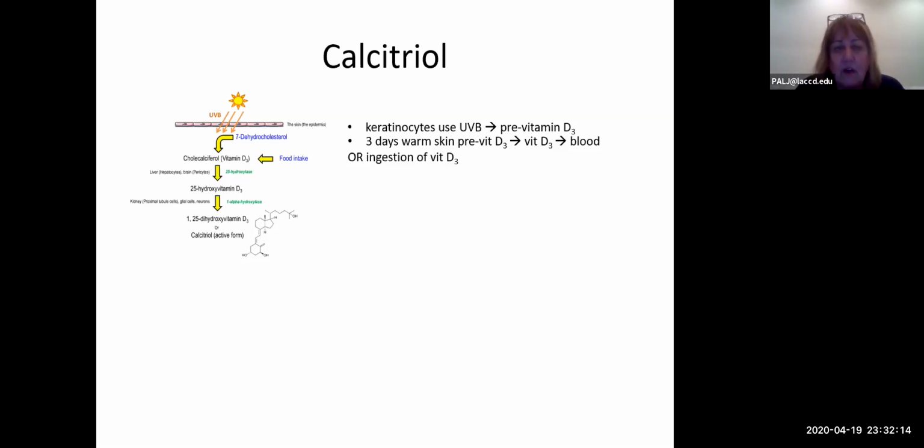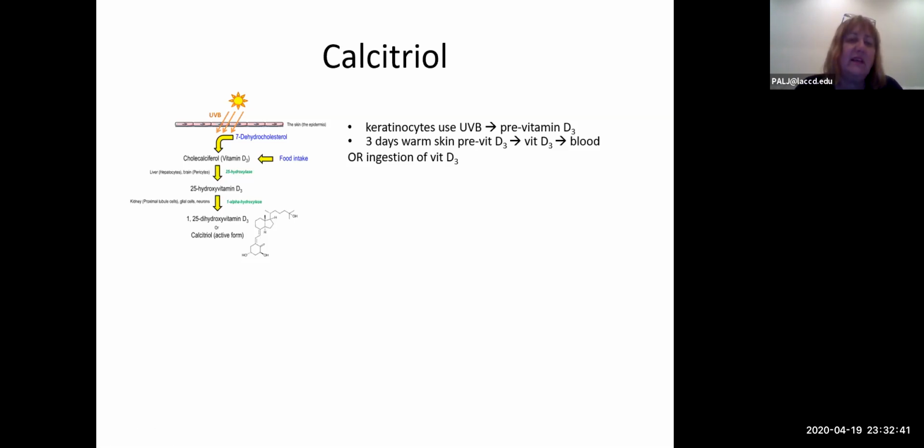We slather on sunscreen. And if you are darker complected or have more pigment in your skin, you have to be out a lot more than 15 minutes. All right. But let's pretend you've got that diet with good vitamin D in it. So you're ingesting vitamin D or you're taking your vitamin D little capsules, which are fine. And the other way is to expose your skin to UVB rays from sunlight.